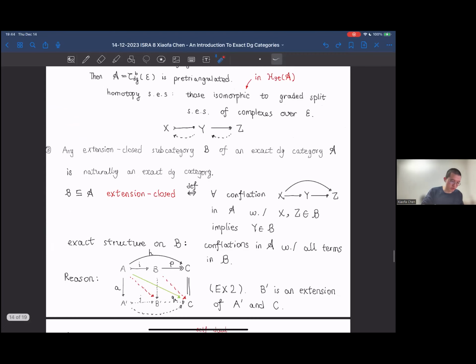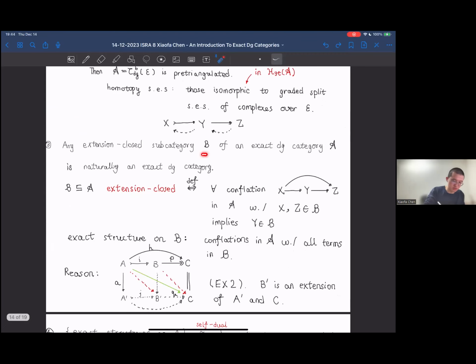Now, any extension closed subcategory of an exact DG category will naturally inherit an exact DG structure. A full DG subcategory B is called extension closed if for any conflation in A, whenever the two end objects are in this full subcategory, then the middle term also lies in this full subcategory.